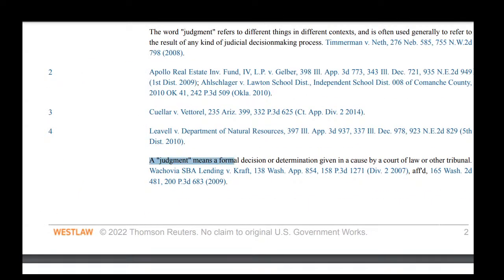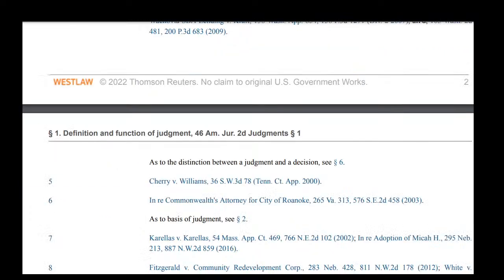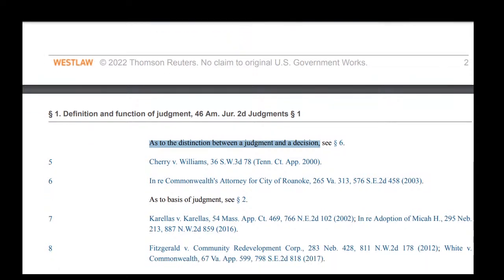But a judgment means a formal decision or determination given in a cause by a court of law or other tribunal. That's the 2009 case, Wachovia, Washington. Oh, interesting here. So this is actually giving a distinction, it seems. As to the distinction between the judgment and the decision, see section 6, which will be there shortly.